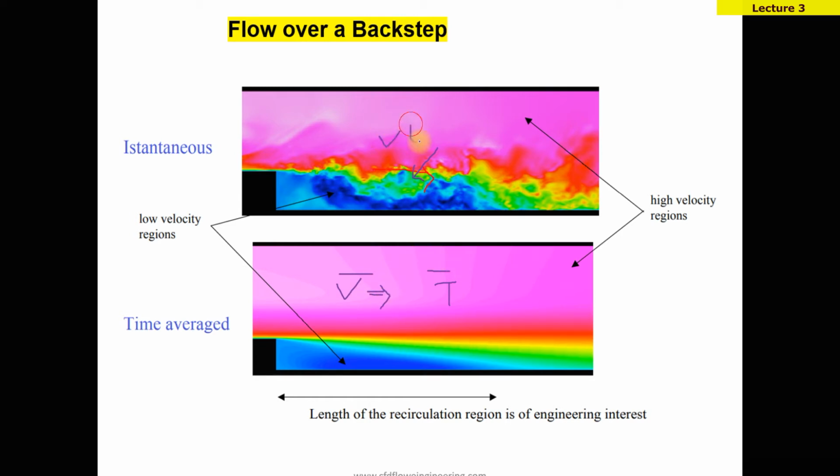Instantaneous we can see fluctuation, but if we take time average, the information of the instantaneous is lost. Because in most engineering design we use time average values, industry is interested only in average quantities, but those who want more physics can go to instantaneous quantities.